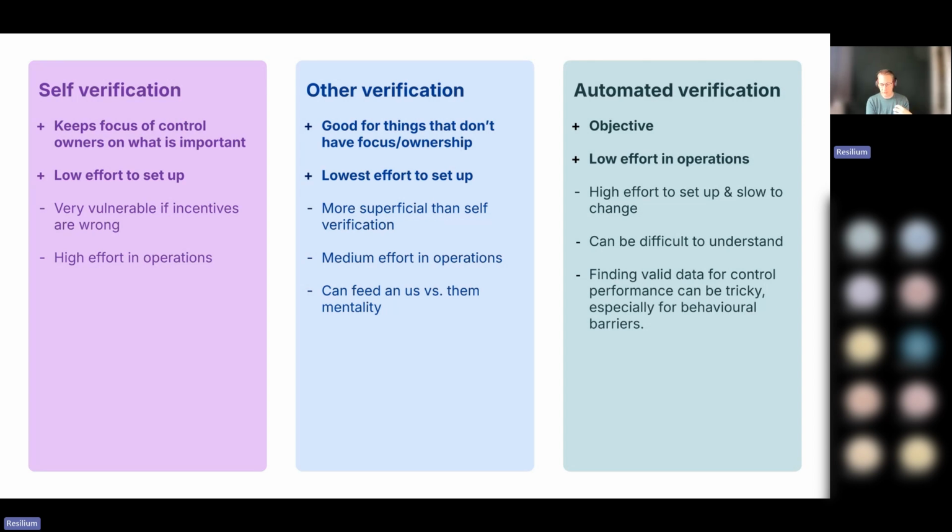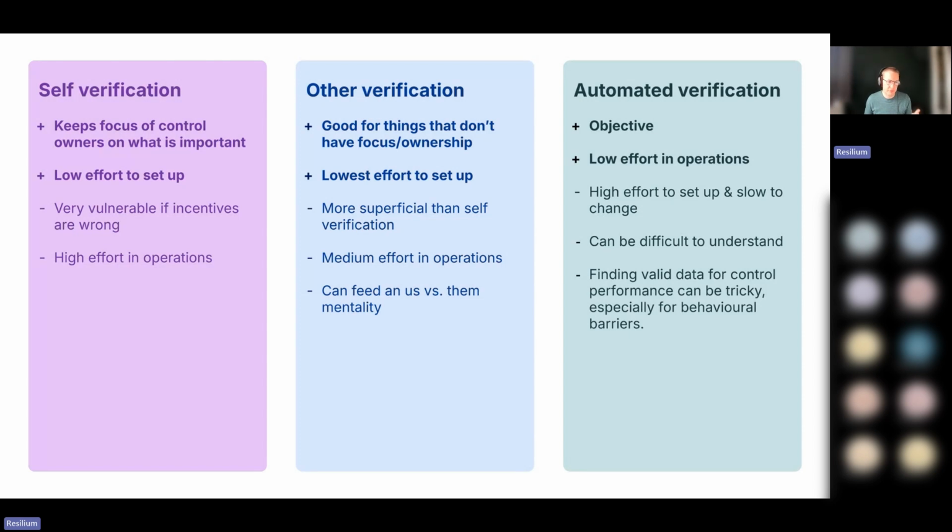Just the fact that you ask them about how the barriers are doing is a trigger for them to keep focus on it. It's also pretty low effort to set up, because I'll show you in a minute how we do it, but you basically set up a list of barriers for them to give feedback on.